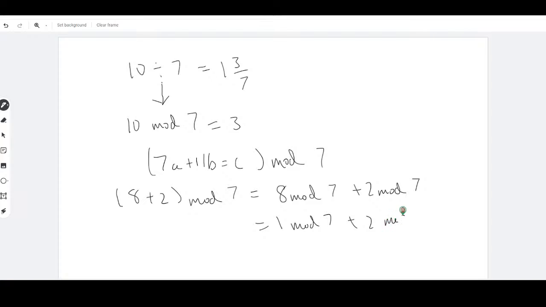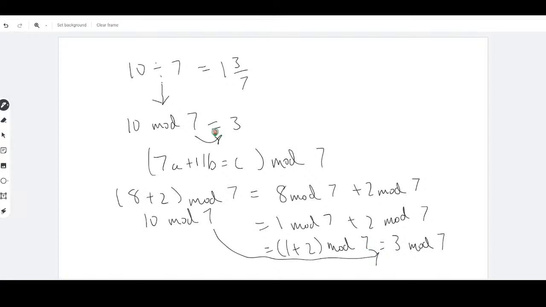Then you can combine this back up, 1 plus 2 mod 7, which is just equal to 3 mod 7. What we started with was just 10 mod 7, and if we distribute, we still get 3 mod 7, and doing it directly we also got 3 mod 7.